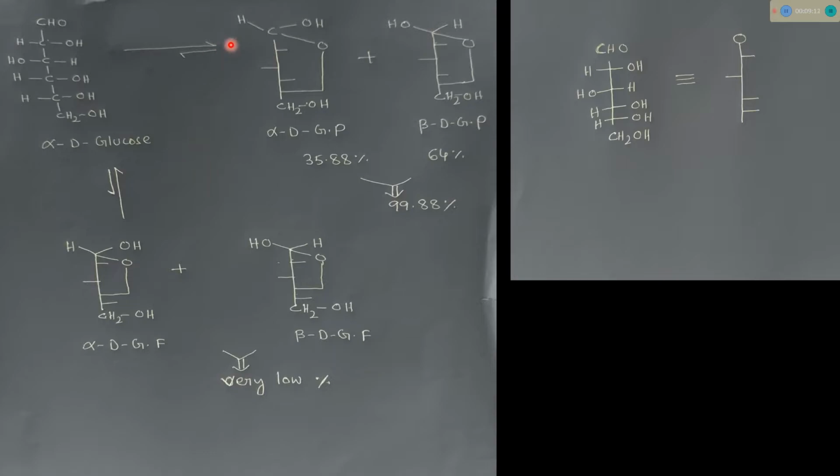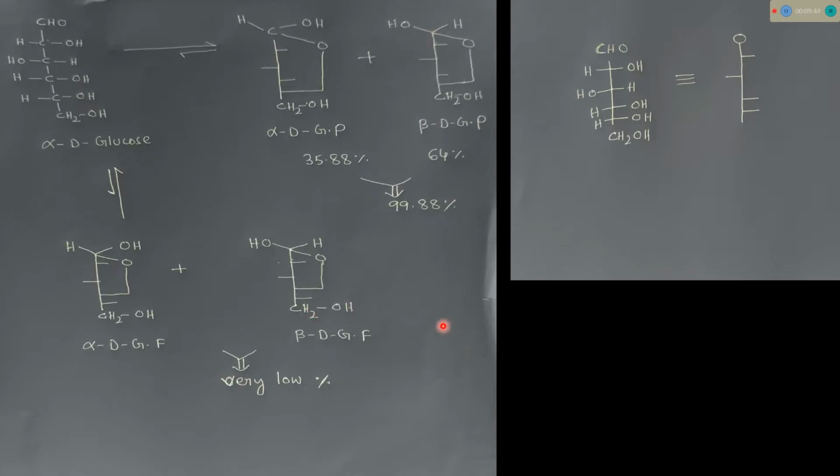More than 99% exists in pyranose form, and less than 1% exists in furanose form. I think you all understood till this point. So the 6-member cyclic form is pyranose, the 5-member cyclic form is furanose.